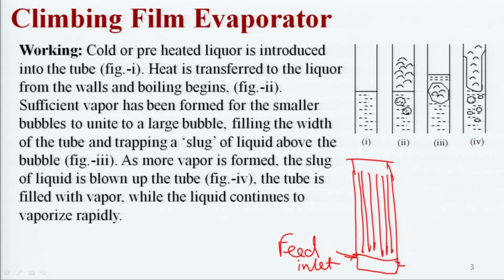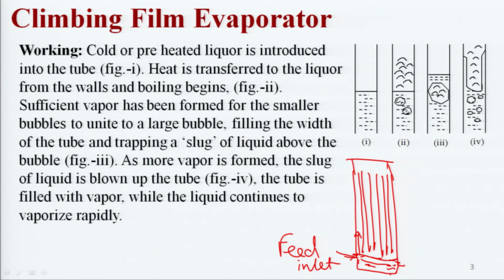inlet. Okay. So, the cold or preheated liquor is introduced into the tube, where this cold or preheated liquor is introduced into this portion, that is from the bottom of the evaporator, from where it is going in upward direction through the tubes.